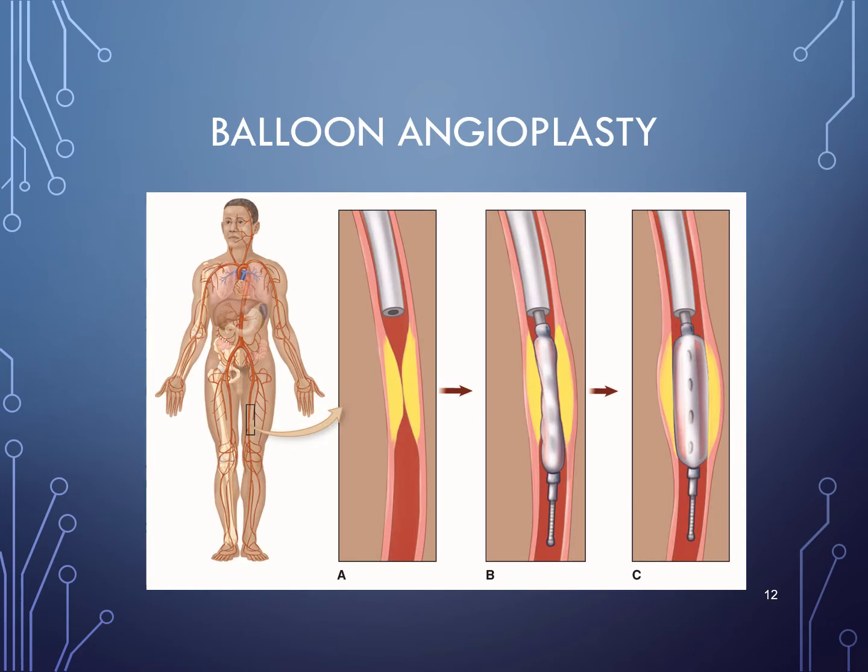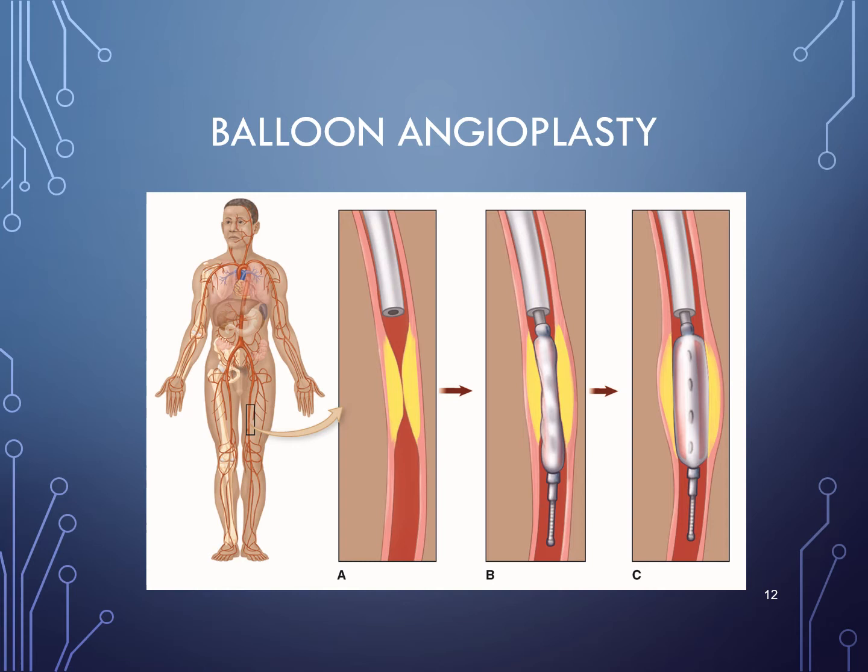An example of a procedure that we can do if there is a blockage, say in a coronary artery, we can do something called a balloon angioplasty. And this basically gains access into the heart by the femoral artery, which is in the groin, and then passing up some wires, some different balloons, and then eventually putting in some sort of stent that will help to hold that vessel open.